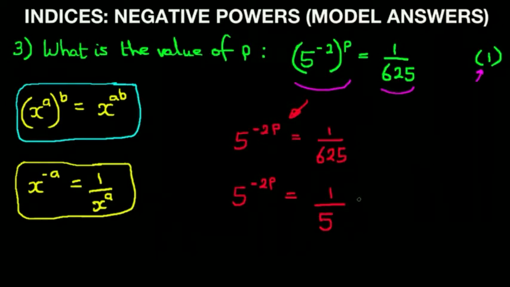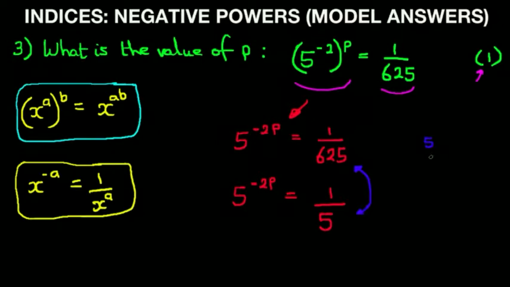So how many times do we have to multiply the number 5 to get to 625? Well, let's work through this. 5 times 5 is 25, times another 5 is 125, times another 5 gets us to 625.